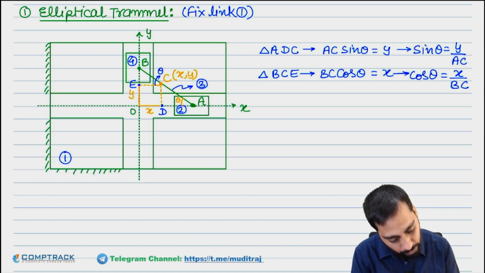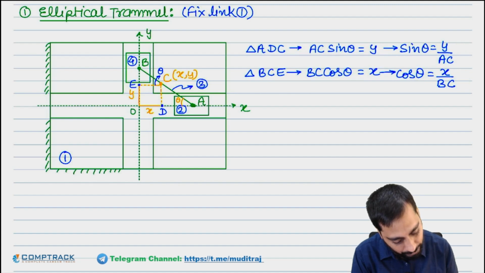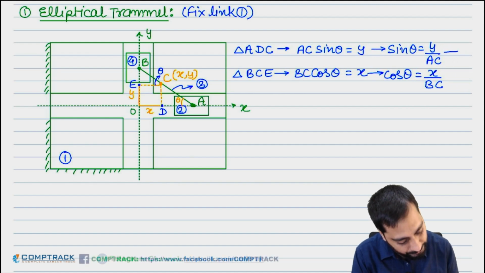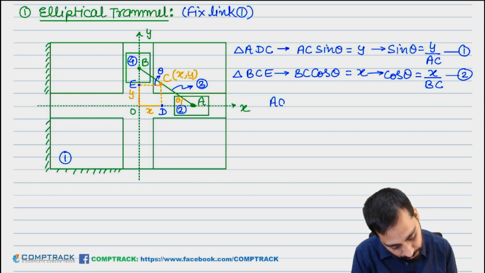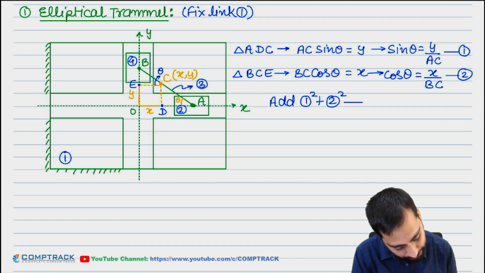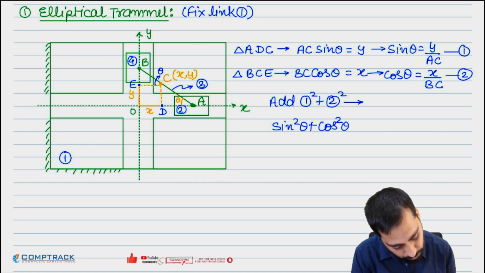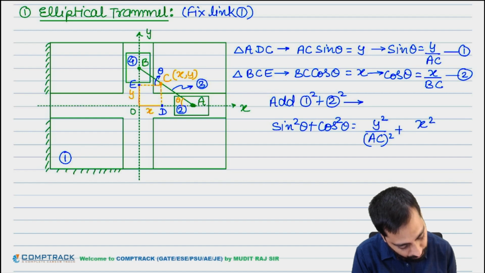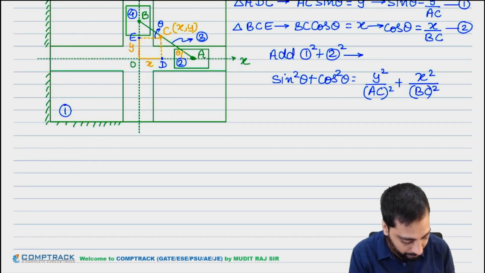So add both the equations after squaring. So first squared plus second squared you can do. What you will get? sin square theta plus cos square theta equals (y over AC) square plus (x over BC) square. Yes or no? So this will become 1.